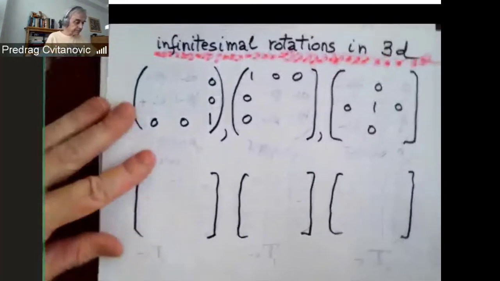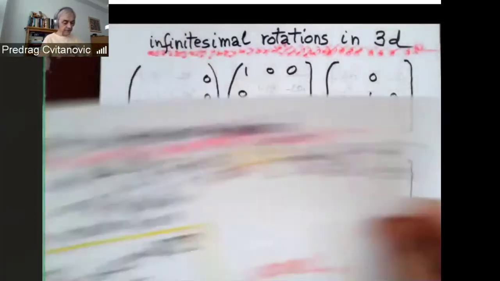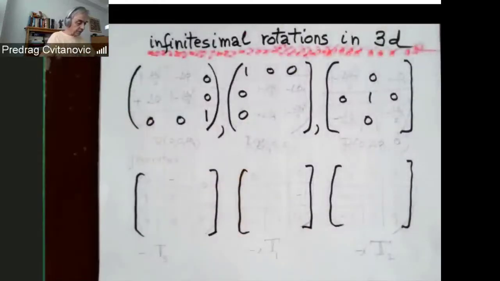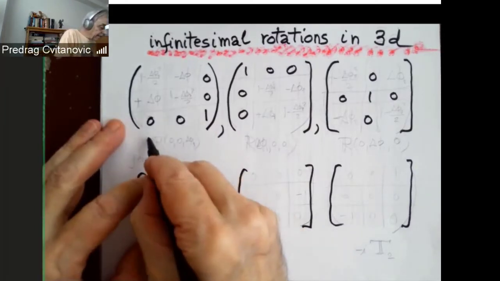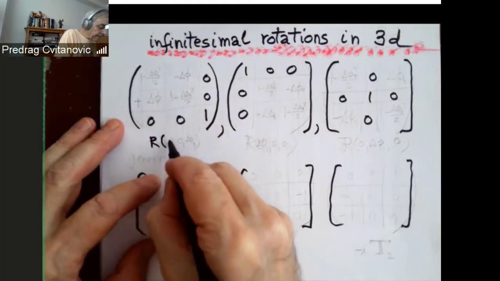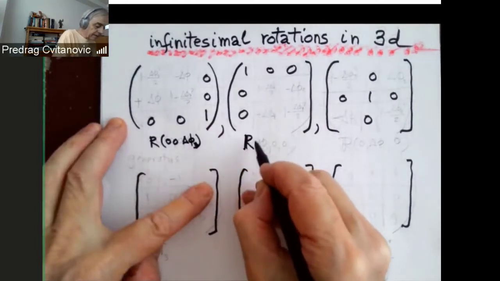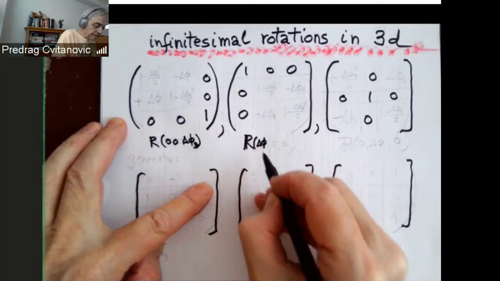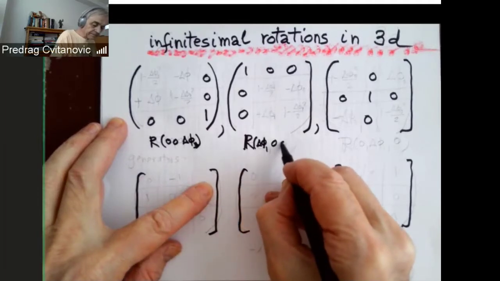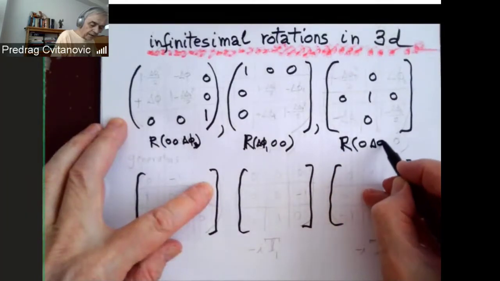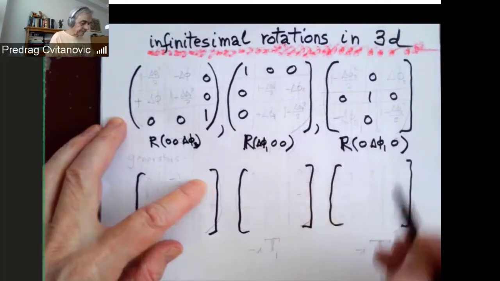So let's see what happens if I take 2 of these generators in 2 orders. How does that work? So, on infinitesimal level, I have 3 matrices parameterized by infinitesimal small angles.